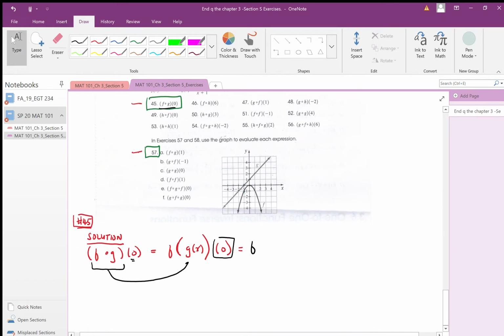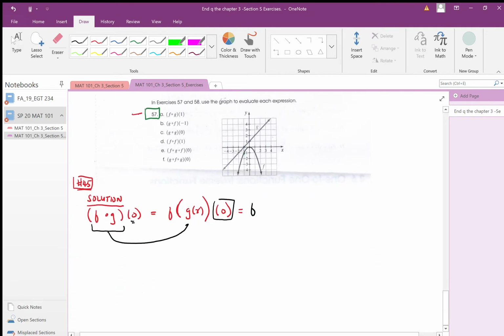Okay, but let's do it again. So our f in this case is going to be, just back up here, just do this right here.